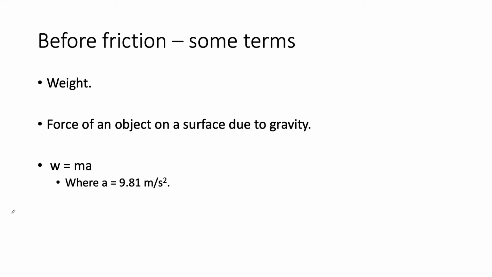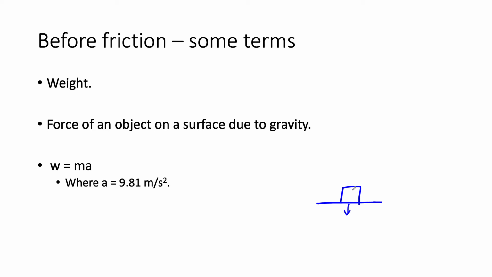So our weight is equal to mass times acceleration, where the acceleration is 9.81 meters per second squared, which is our acceleration of gravity. So when we talk about weight, we're actually talking about the force on a surface. And so if we look at this, again, to reiterate, we have a surface, we have a force, and we're talking about a horizontal surface at the moment.